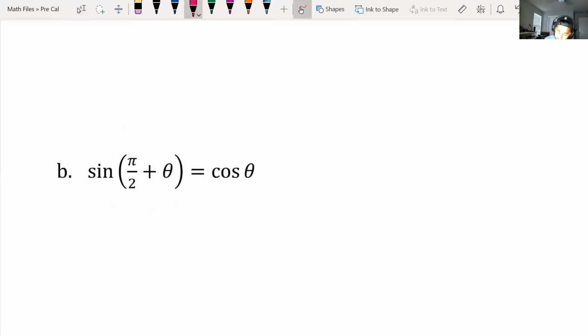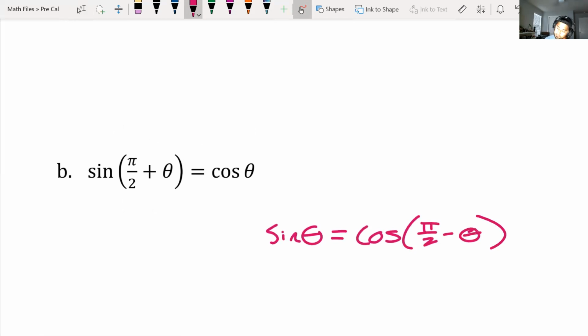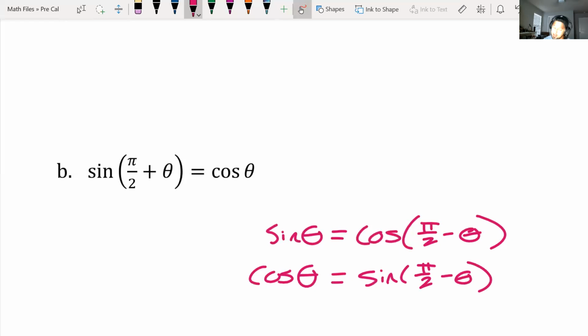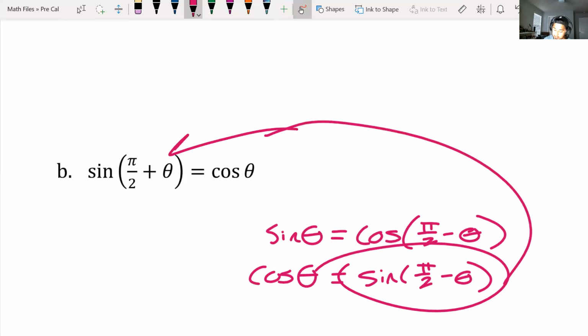So remember, if it was sine theta, it would be cosine of pi over 2 minus theta, since this is in radians. So if you did cosine theta, you could use sine of pi over 2 minus theta, and then use the difference formula for sine, and hopefully it would get you here.